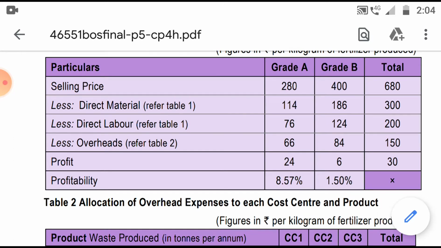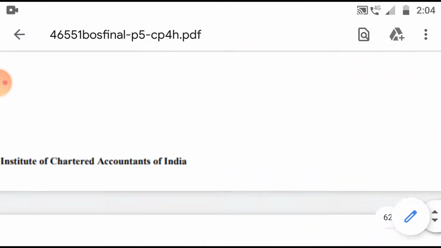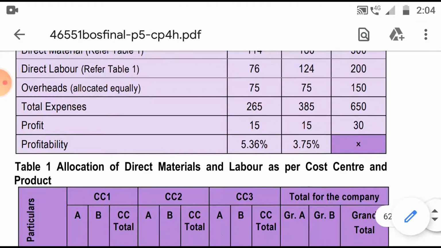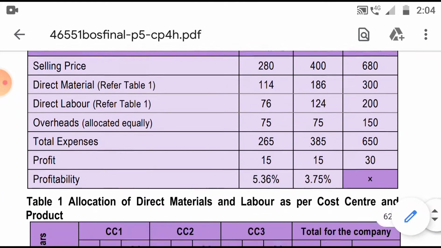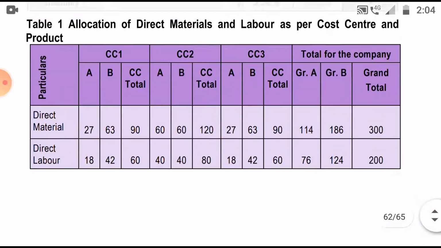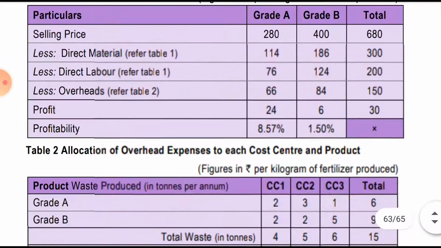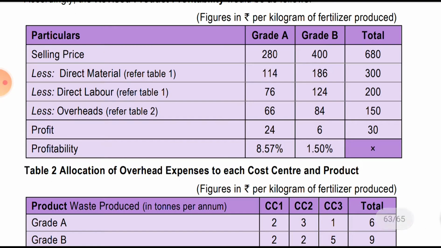So profit will be 24.6 and profitability based on the selling price will be 8.57 and 1.5. See, so we can see the variance: earlier grade A was 5 and grade B was 3.75, and now grade A has increased to 8.57.